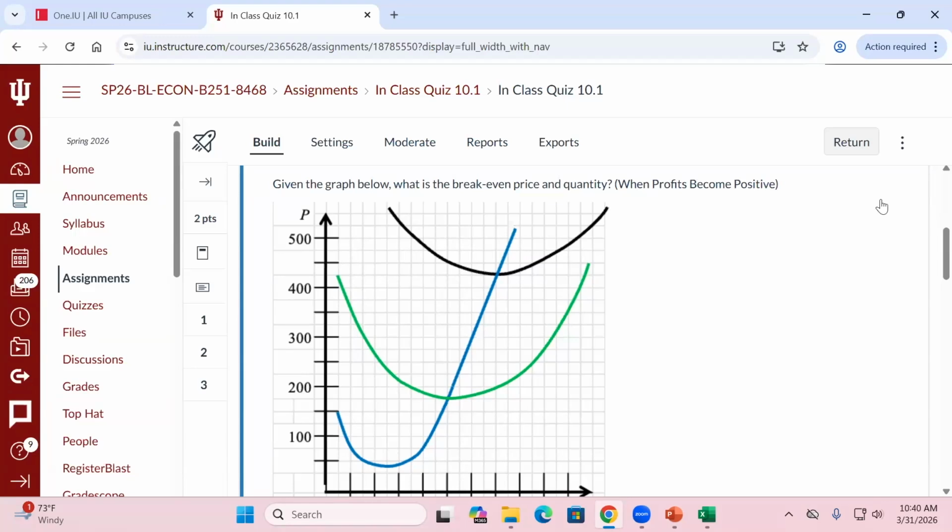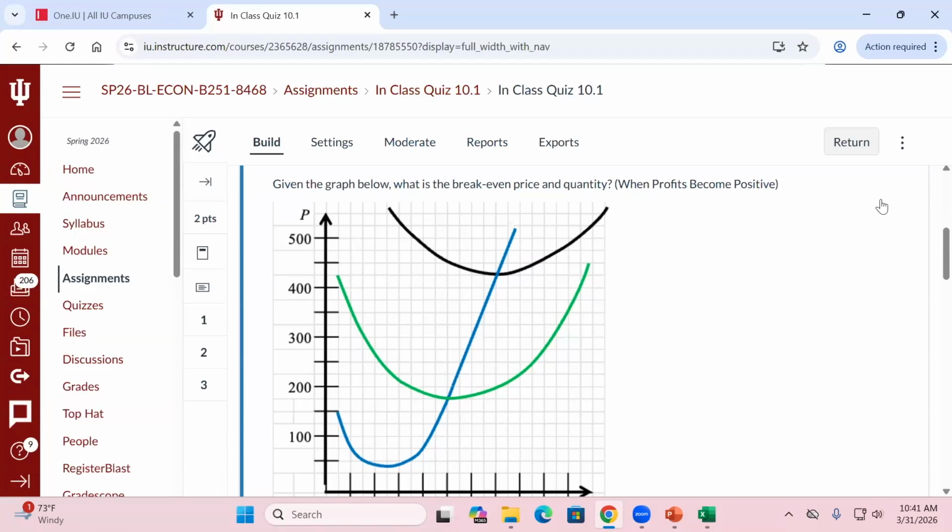My average variable cost. If I was identifying these, what does that black curve have to be? Average total, right? Why? This blue curve is intersecting these at their minimum point. What intersects my average total and average variable cost at its minimum point? My marginal cost curve. So this blue curve is my marginal cost.